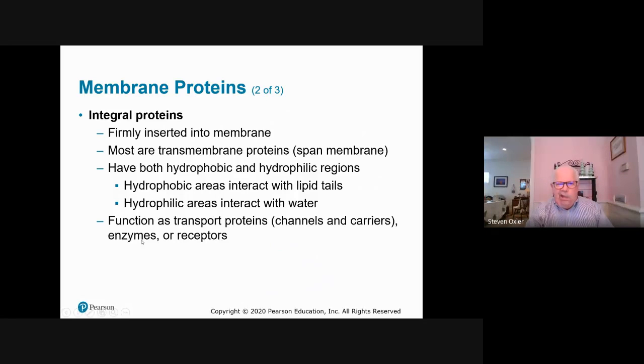They function as transport proteins. They bring things in and out of the cell. They create channels. They create carriers. That is their main function, to transport proteins in and out of the cell.